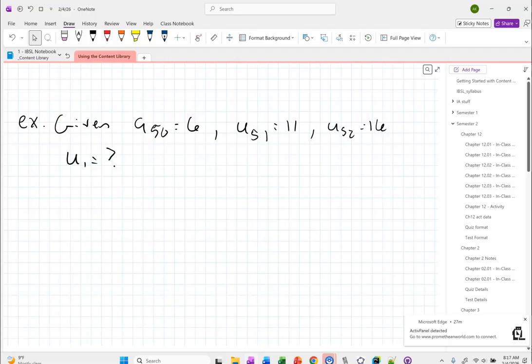So here we're given 3 terms of our sequence, the 50th term, the 51st term, and the 52nd term. And we're asked to find the first term.